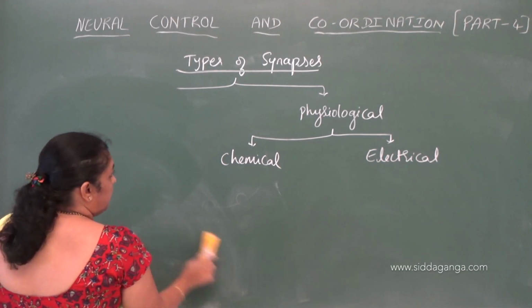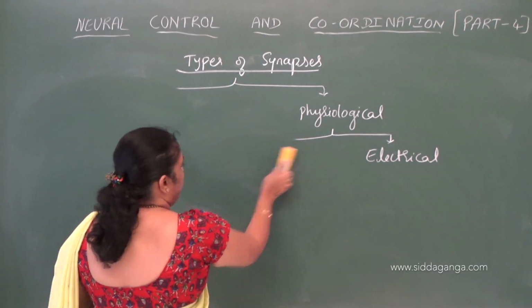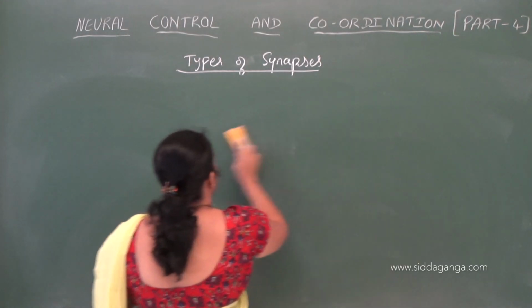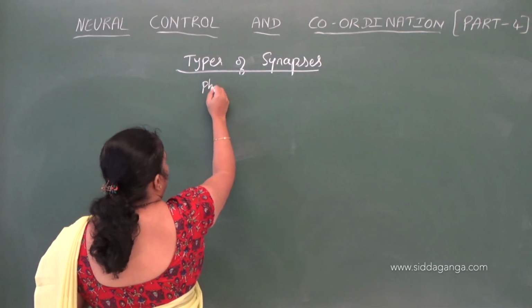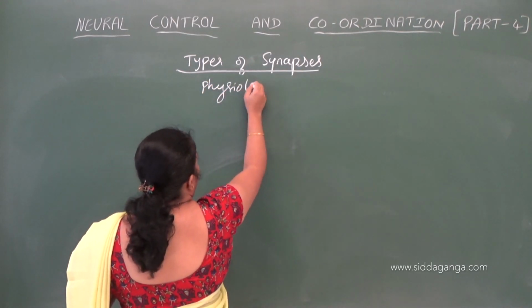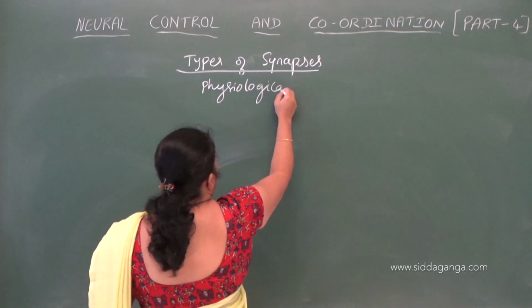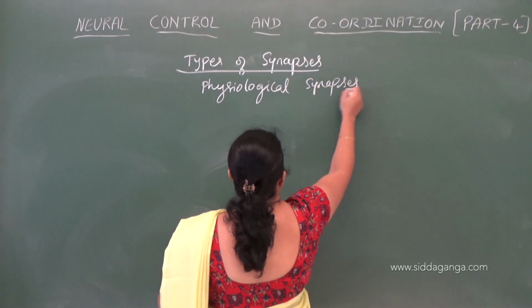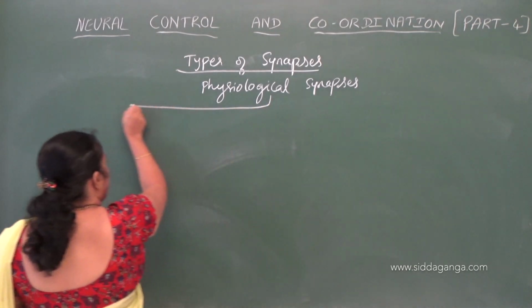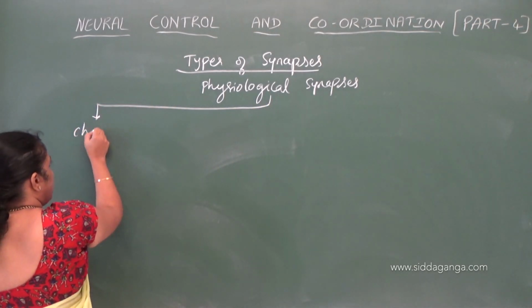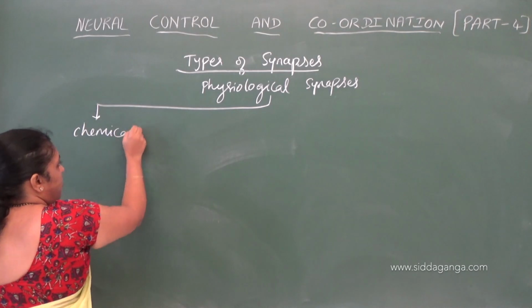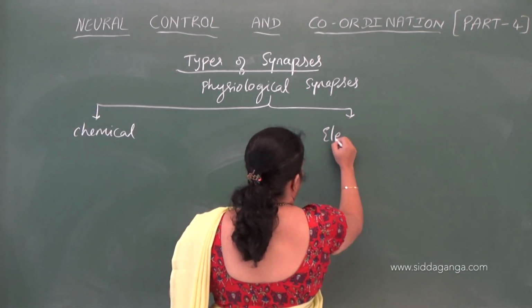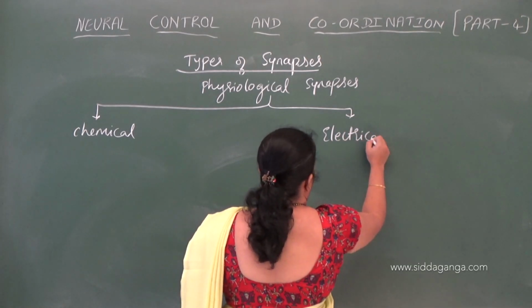I will take them separately. There are two types of synapses, chemical and electrical.